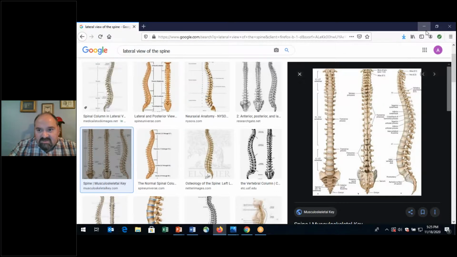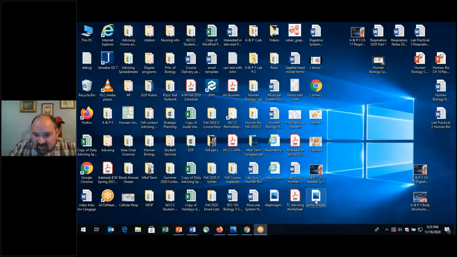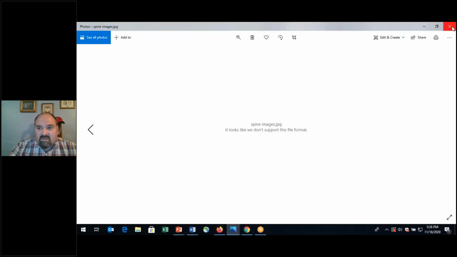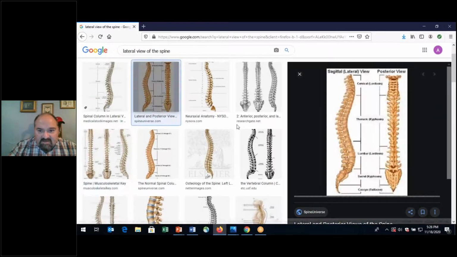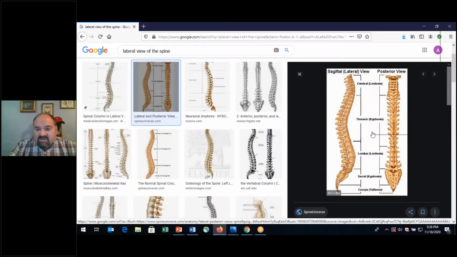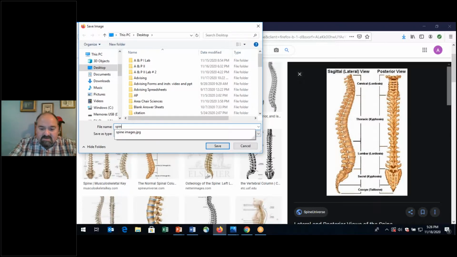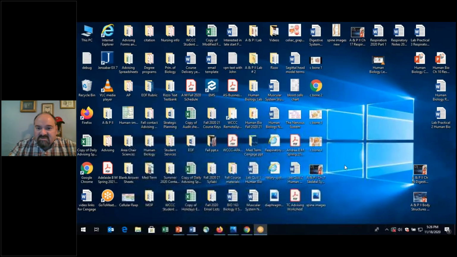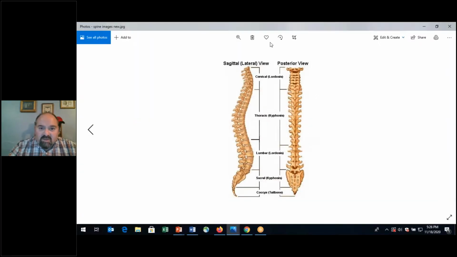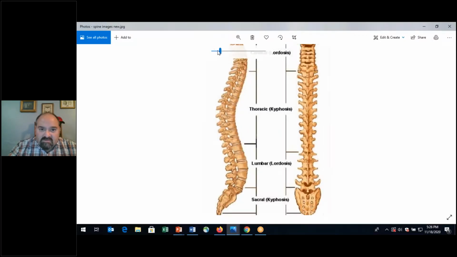Let's take a look at this for a moment. Spine images. Okay, well, I'll get another one. This one is simple enough. Okay, here we go. This is the one that I'll save for you all, and I will post in documents and resources. Very good. Here we go, and I'll increase this a little bit, right there.